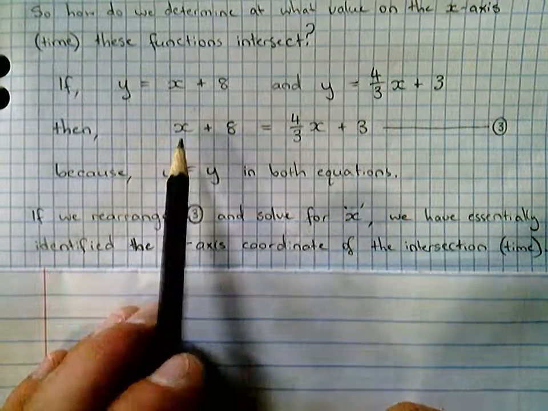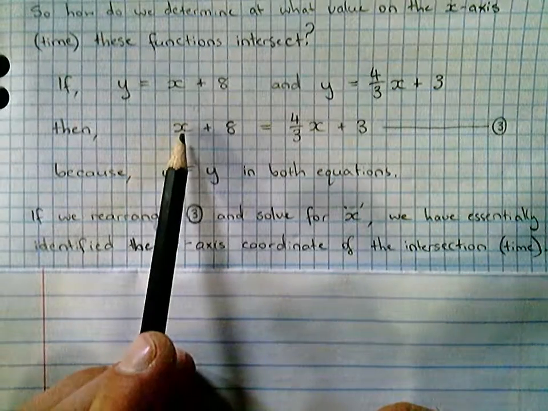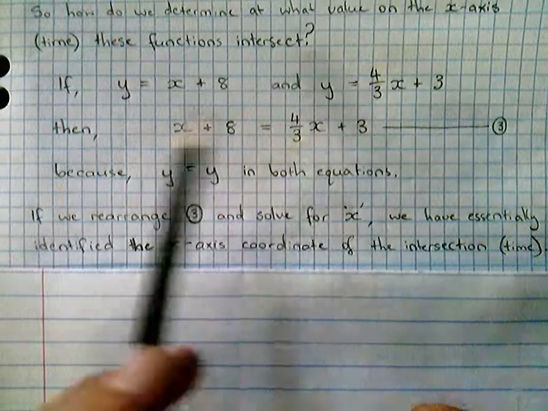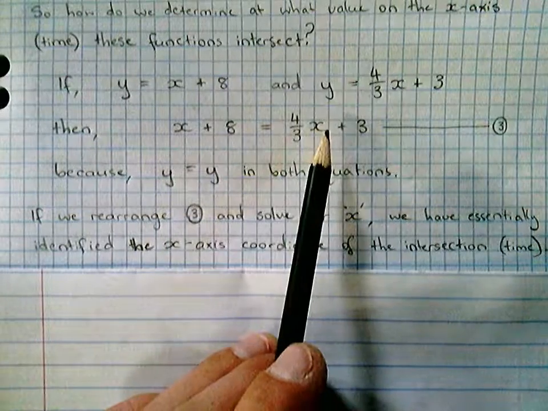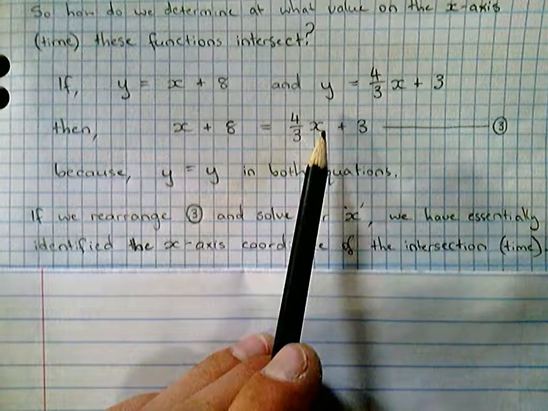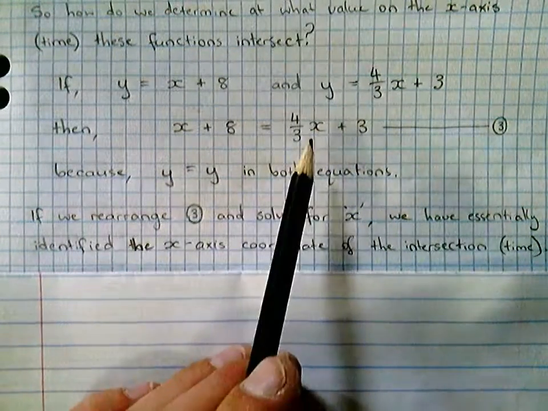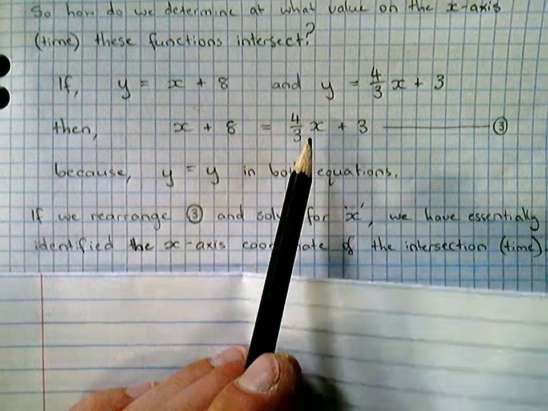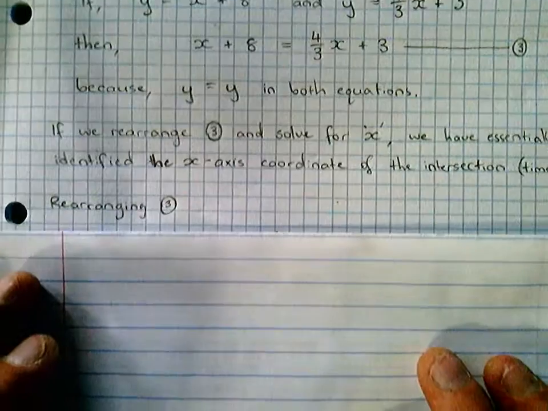Well, you don't really. You've only got one unknown. The unknown is x. There just happens to be two x's in the equation. If we rearrange, we can essentially get it down to 1x and solve for it.